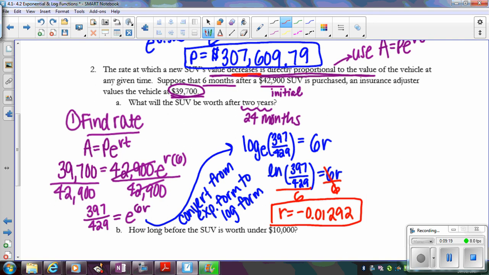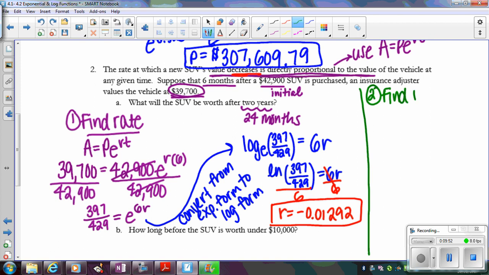So then for the second part of this problem, if I want to find the value after 24 months or after 2 years, I now know that the rate for this situation is negative 0.01292. So I can use that in addition to the starting amount of the SUV to figure out, after 24 months, what's the new amount going to be?